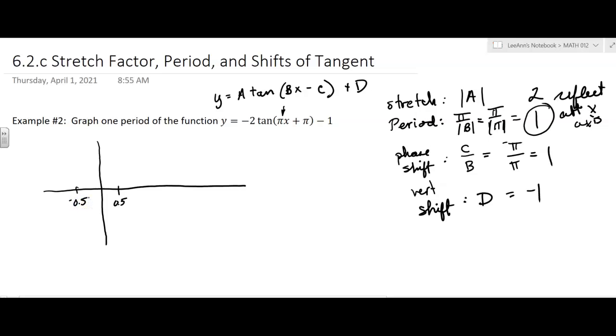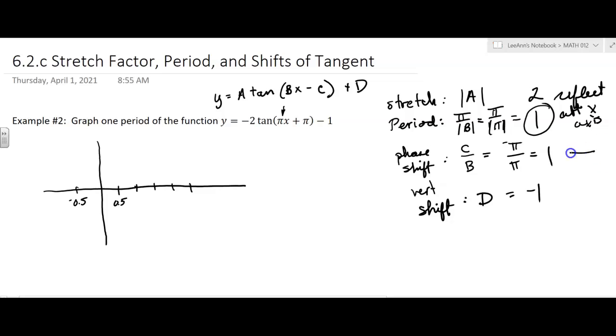That would be a period of 1. But we don't get to put the asymptotes in, so let's not draw those yet. Let's count out some more marks here: 1, 1.5, 2, 2.5.